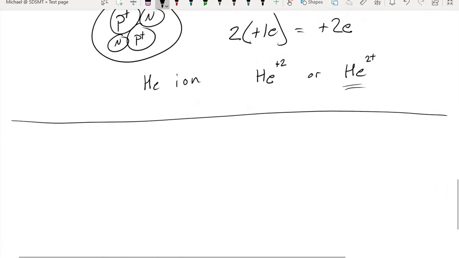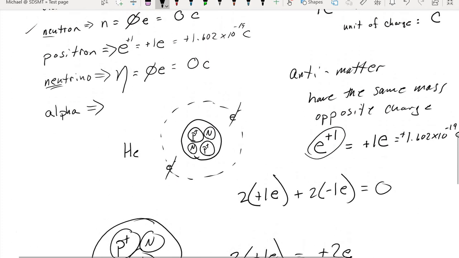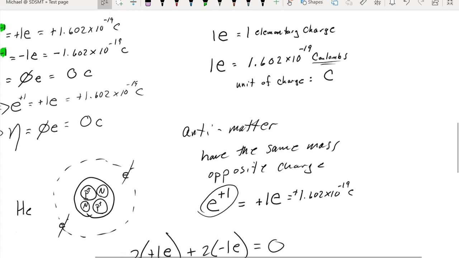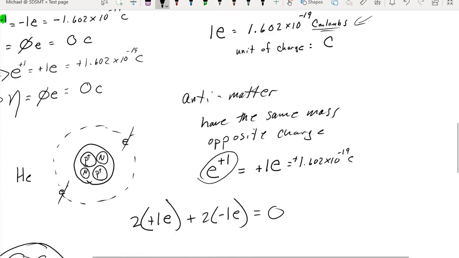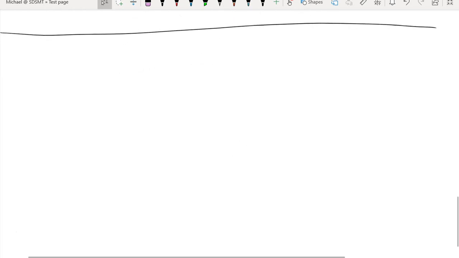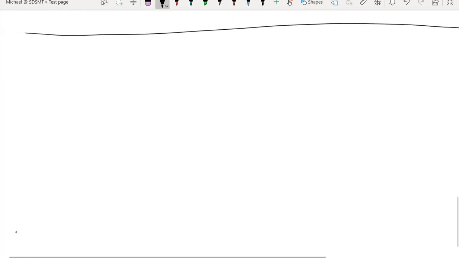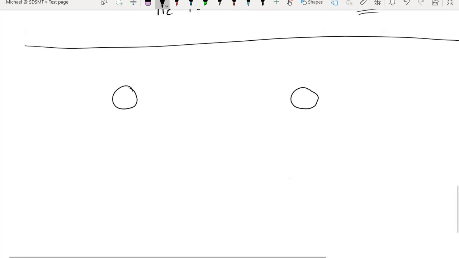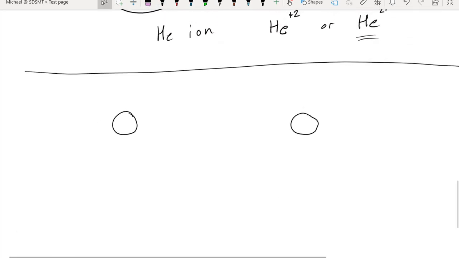And so Coulomb, the person that we have our charge named after, thought, well, these charged particles, they're still going to interact with each other. So I'm going to draw 2 particles here, and we need a way of designating the individual charges of each particle.